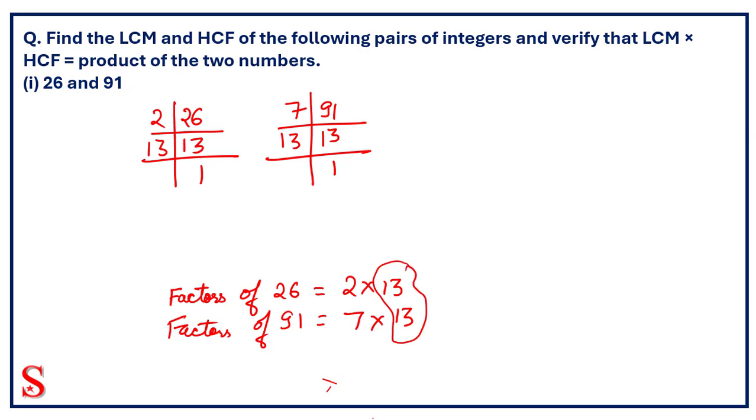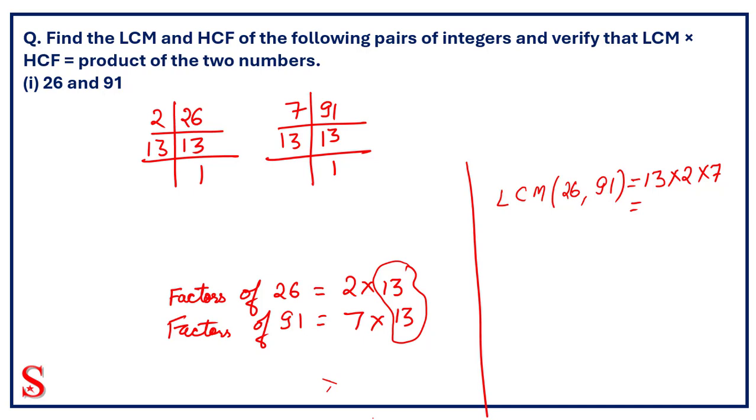Since we have found the common factor here, what would be the LCM? LCM of 26 and 91 would be 13 multiply 2 multiply 7, which is 182.